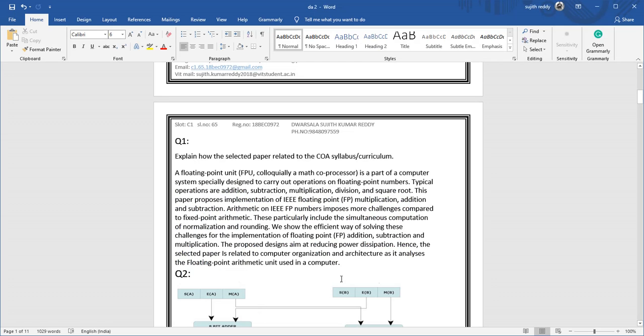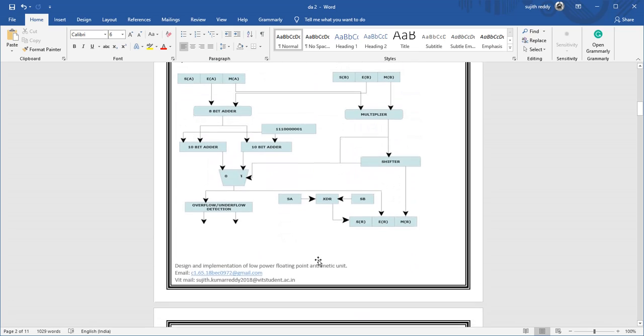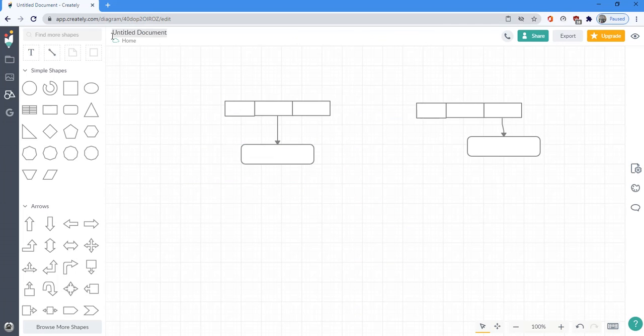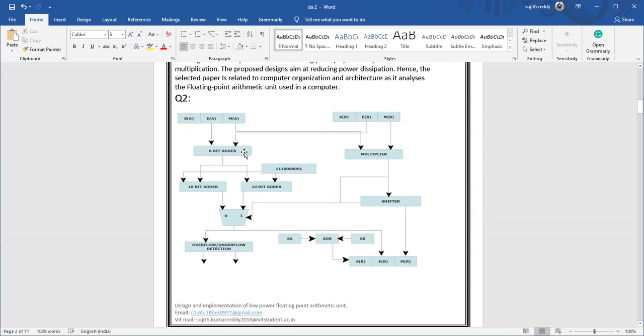For the construction of a diagram, we can use creately.com. As we previously discussed here, you can take a table and place it, and choose how many divisions you want. Accordingly, you can draw a diagram. Let's see, the first one has SA, EA and MA.